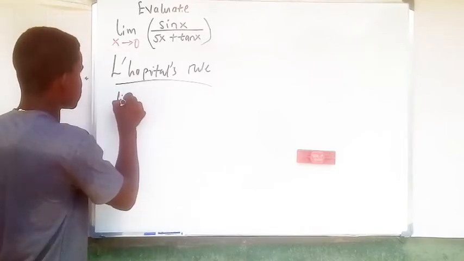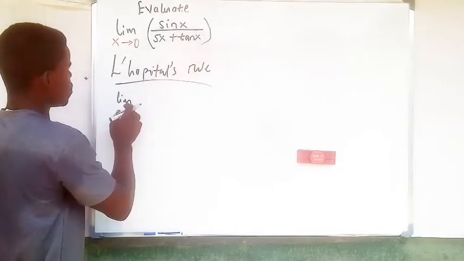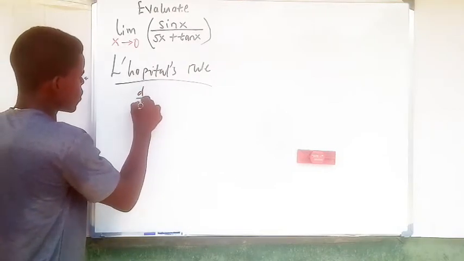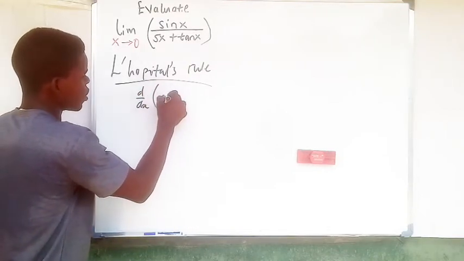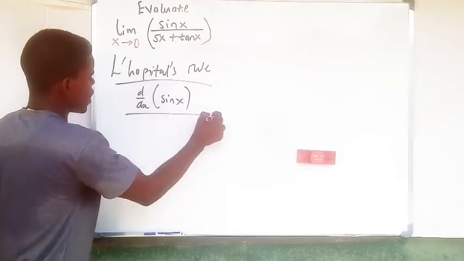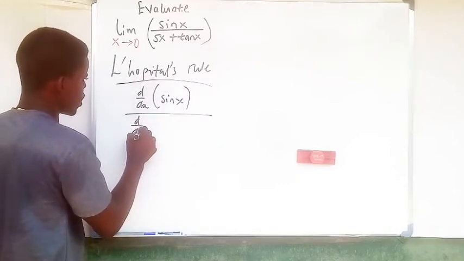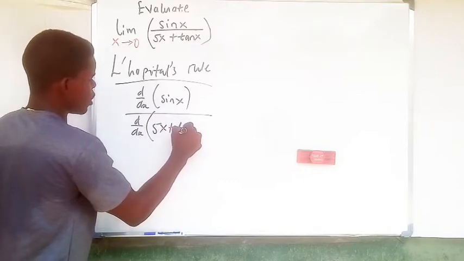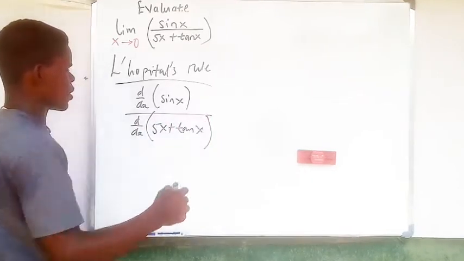So let's differentiate this function using L'Hopital's rule. That will become the derivative with respect to x of the numerator sine x divided by the derivative with respect to x of the denominator 5x plus tangent of x.